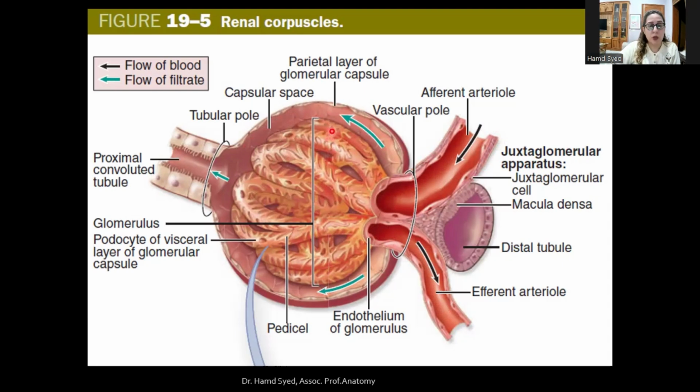As I told you before, this consists of three components: the endothelium of the glomerulus, the glomerular basement membrane, and then, of course, the visceral layer of the Bowman's capsule. Eventually this filtrate is going to enter the proximal convoluted tubule at the urinary pole of the renal corpuscle. These arrows in black show the direction of blood flow, and these arrows in blue show the direction of flow of the filtrate.